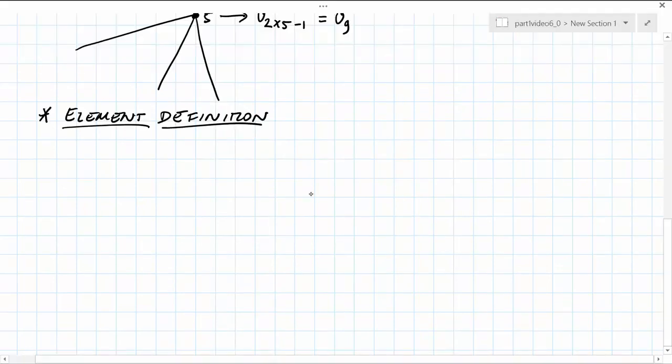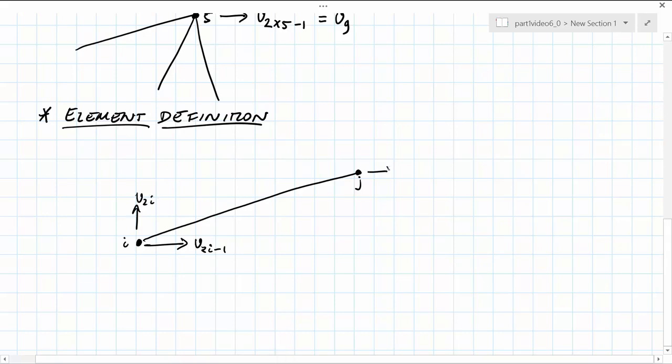To define our element, we draw it in an inclined configuration. We have node I and node J. At node I, we have horizontal degree of freedom u2i minus 1 and vertical degree of freedom u2i.